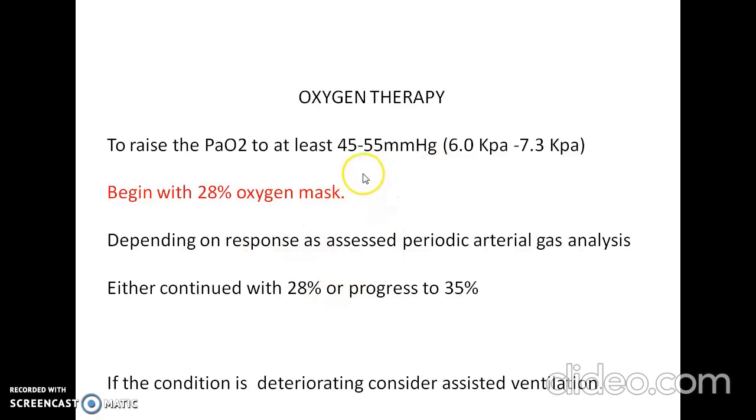Our ultimate aim is to reach at least 45 to 55 mm Hg. If we are not reaching it, we can increase the concentration up to 35%. If the condition is still not controlled and deterioration is happening, then we should go with assisted ventilation.